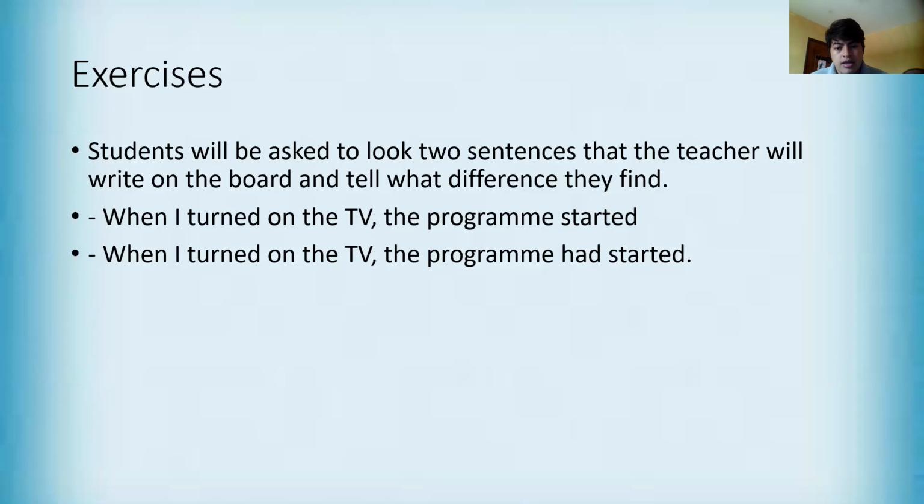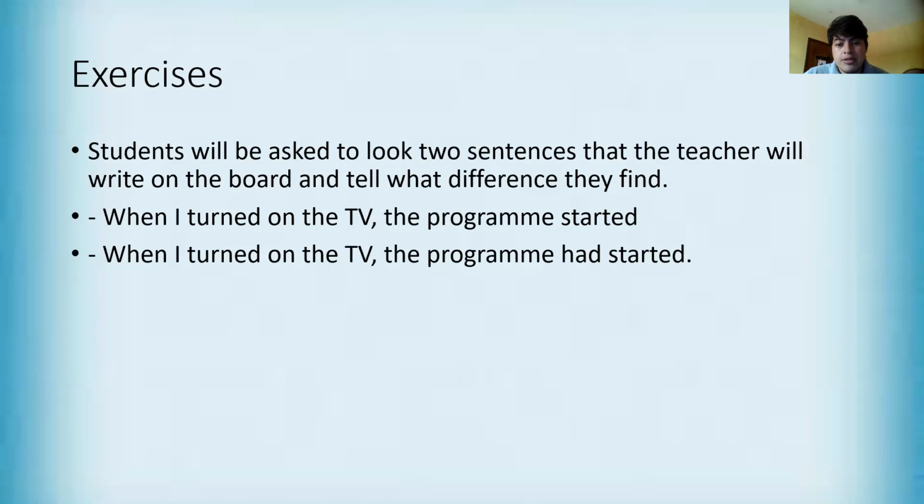Someone says the second sentence is with had, right? And which is correct if we are talking about the past perfect tense? The first one or the second one?